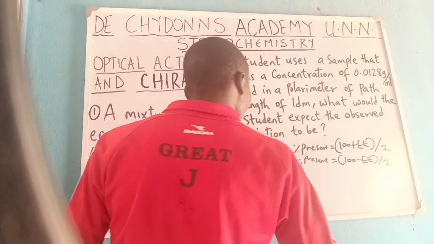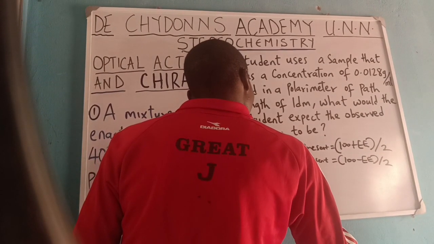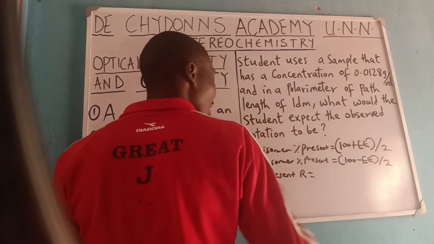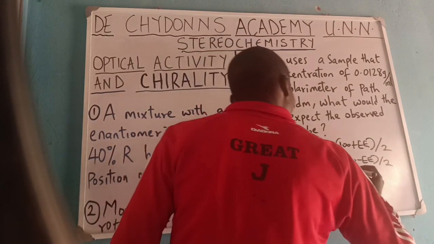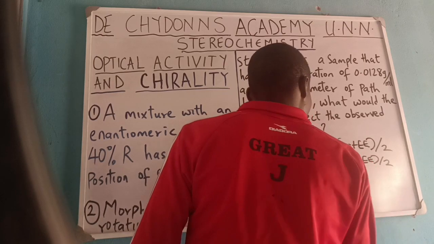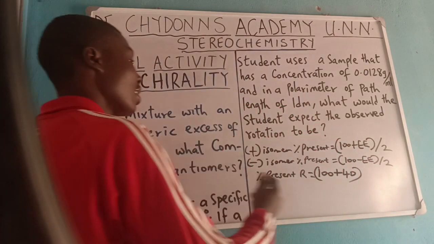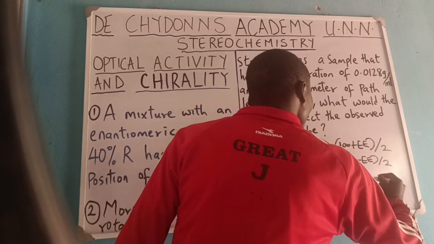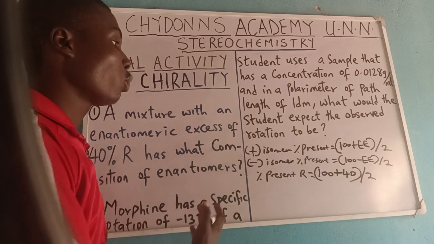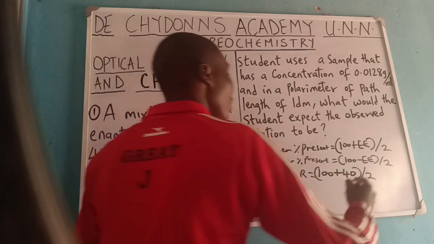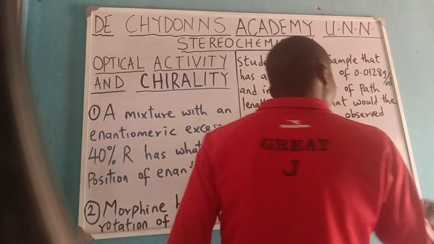For R, the percentage present will be equal to 100 plus 40, because that's the enantiomeric excess, 40%, divided by 2. 100 plus 40 is 140, divided by 2, that's going to give us 70. So it means that the amount of R we have here is 70% of R.